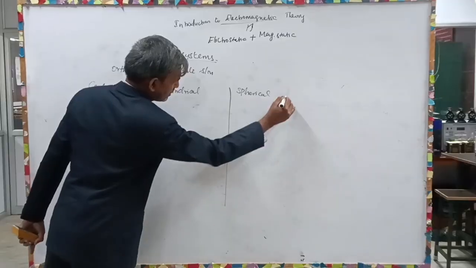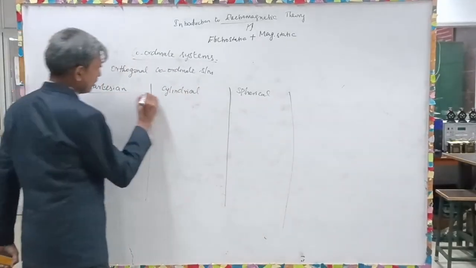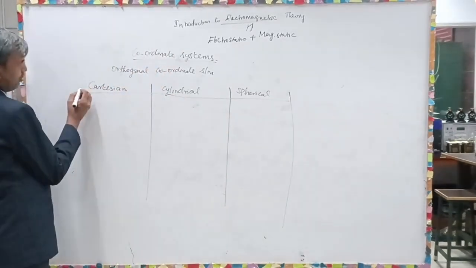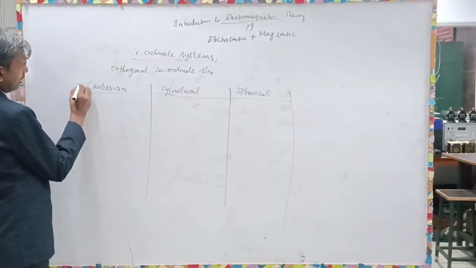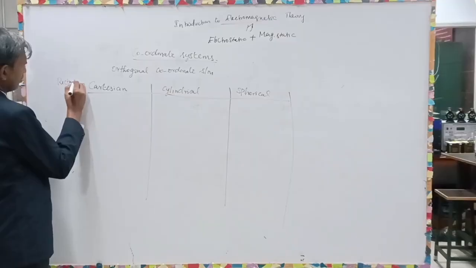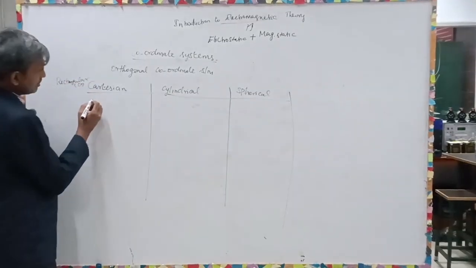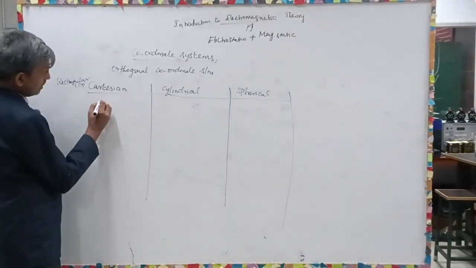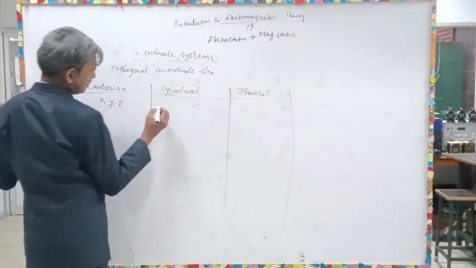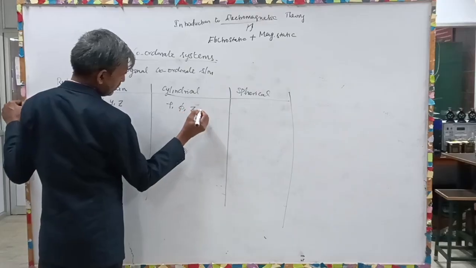So we are going to consider these three coordinate systems. For Cartesian coordinate system, we have one more name, that is rectangular coordinate system. The variables of Cartesian coordinate system are x, y, z. For cylindrical system, rho, phi, z.